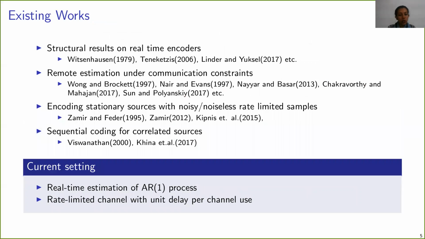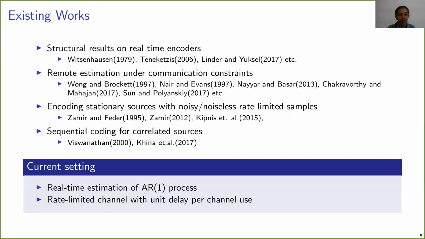Let us now take a look at the prior works. We have a lot of works on related problems. We have some structural results on real-time encoders, and we have a lot of works on remote estimation under various types of communication constraints, and that on encoding stationary sources with rate-limited samples and on sequential coding for correlated sources. Only some of these works have been listed in here.